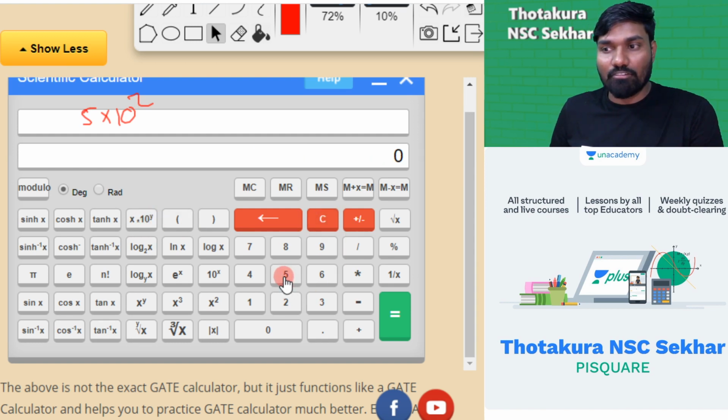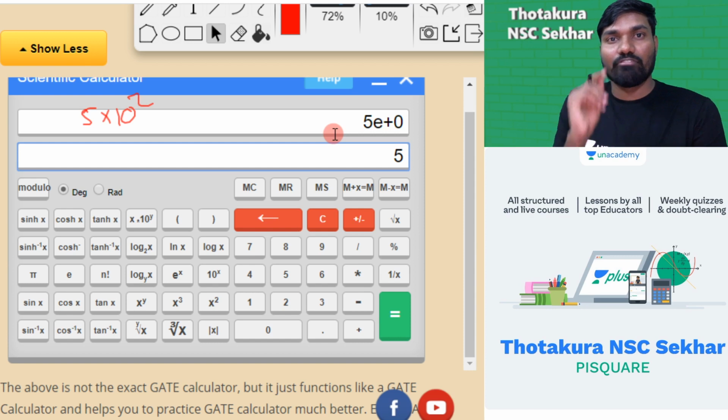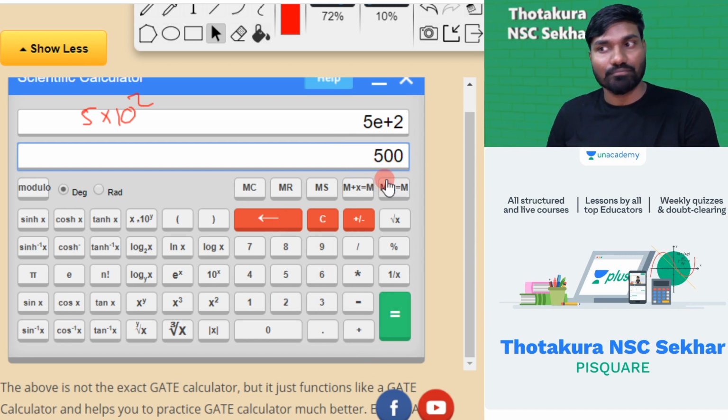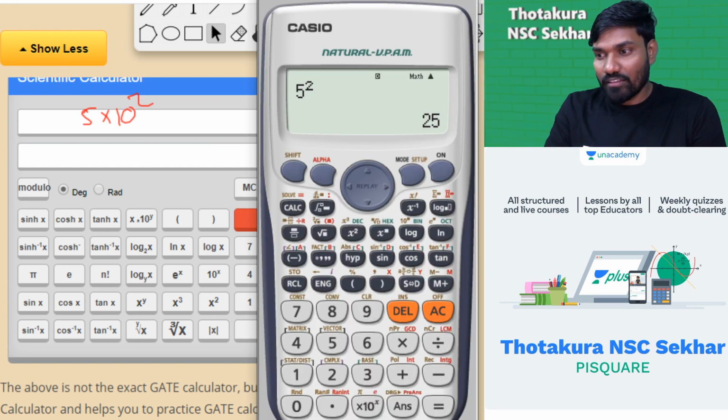It means if I enter 5 here and then press this, the button will take whatever value is here as x, multiply it with 10 power, and wait for the y value. You give the y value as 2. That's it: 500. Don't get confused. E plus 2 means here also we have 10 power x. The same kind of function this will do. Both are just the same.